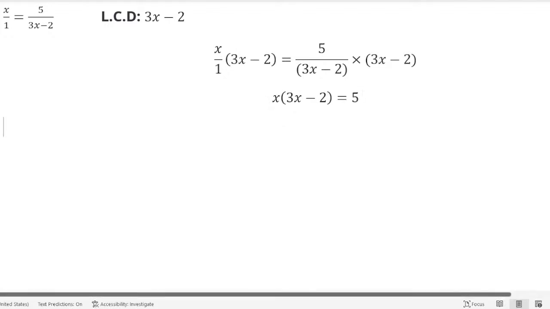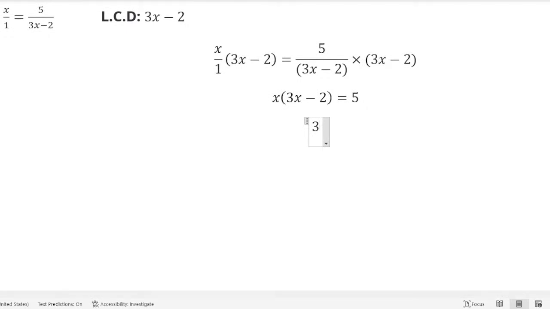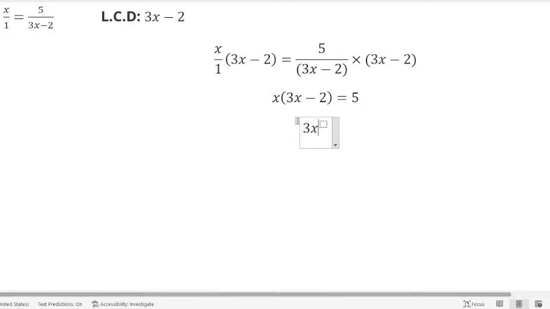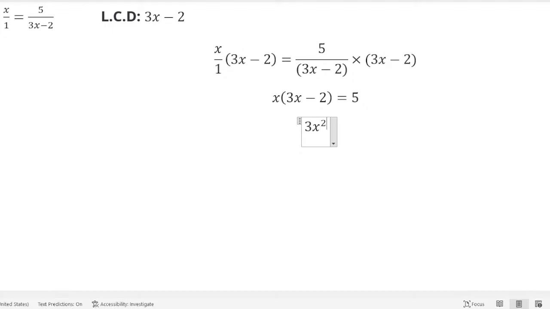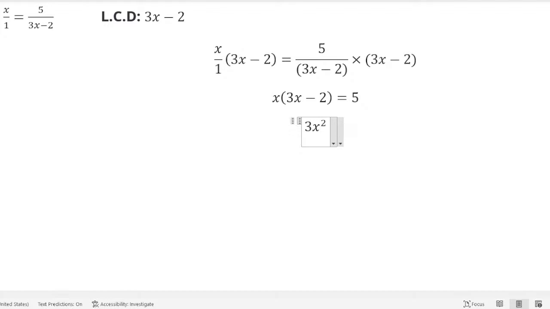Now let's simplify. So x times 3x will give 3x squared. Then x multiplied by negative 2, we have minus 2x, is equal to positive 5.